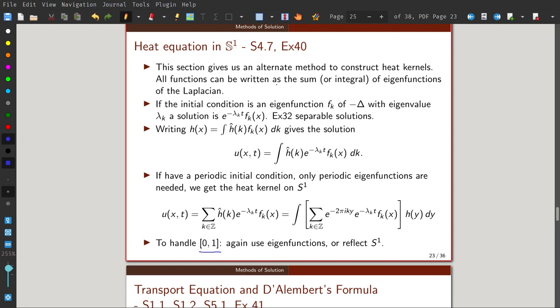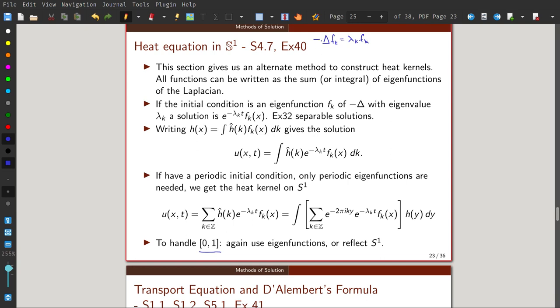So what we saw in exercise 32 about separable solutions is that if you have a solution, say, f_k, that is an eigenvalue of the Laplace equation, or the negative Laplace equation in this case.